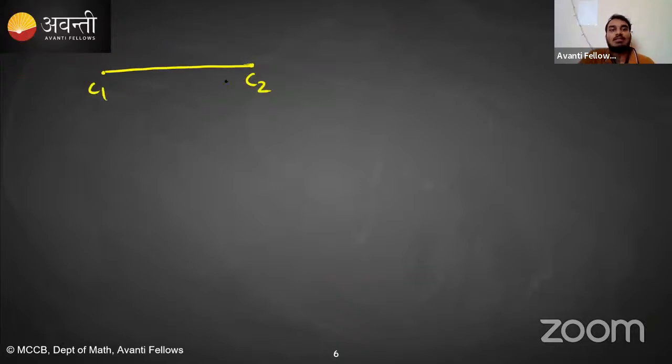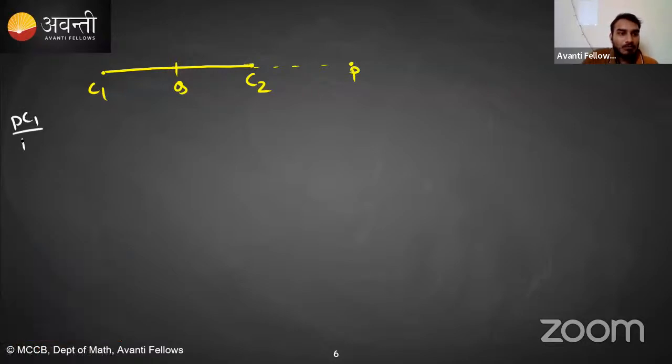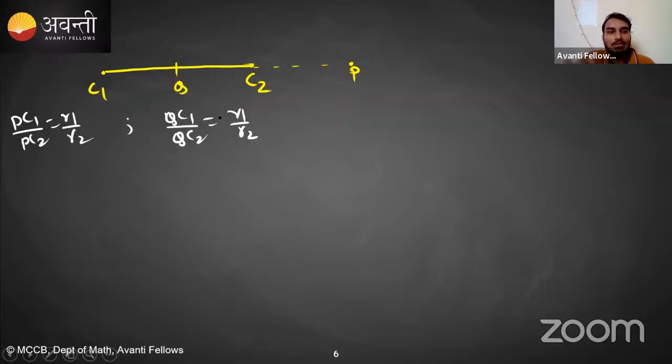This is C1, this is C2, this is point Q, this is point P. So PC1 upon PC2 is equal to R1 upon R2, and QC1 upon QC2 is equal to R1 upon R2. Point Q is dividing C1 C2 in the ratio R1 is to R2 internally. Point P is dividing the line joining C1 C2 in the ratio R1 is to R2 externally.